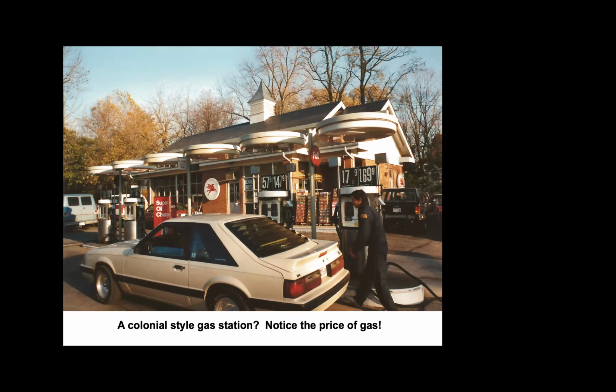Now, in the 1950s, when that early gas station was decided that it needed to modernize, they first built what again we define as the colonial style gas station. They made it out of brick, they put a cupola in it so it would fit more into the historic neighborhood. I'm not so sure it was ever very successful, but this is what it looked like when it was an active gas station.